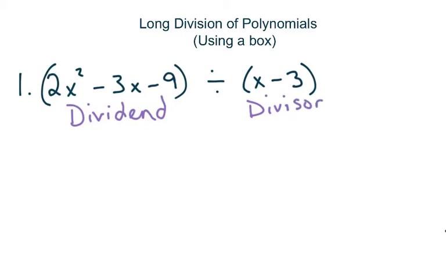Now you don't usually need to know those terms, but what you do need to know is that the answer to a division problem is called the quotient, because that's how we will ask you to divide in your math problems. We'll ask you to give the quotient, and that way you know, oh, okay, I need to divide.